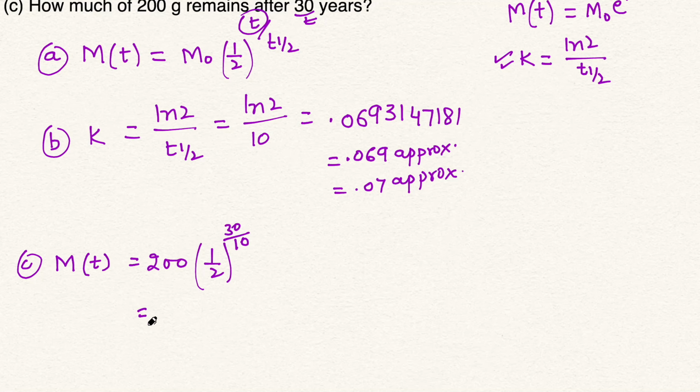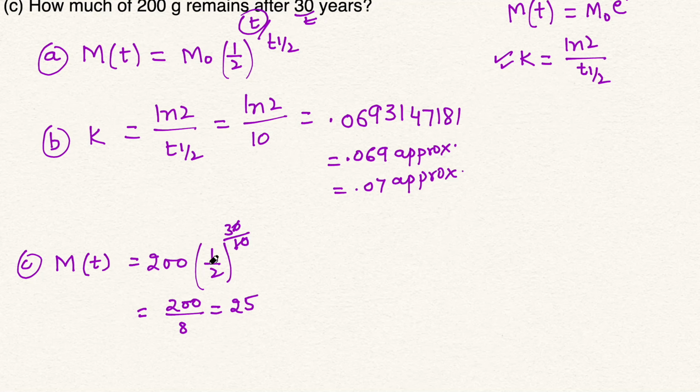Now, sometimes you can use a calculator, but guessing or calculating mentally is a better idea. For example, in this case, I have 1 by 2 raised to the power 3. So that is 1 over 8, and 200 over 8 is 25.